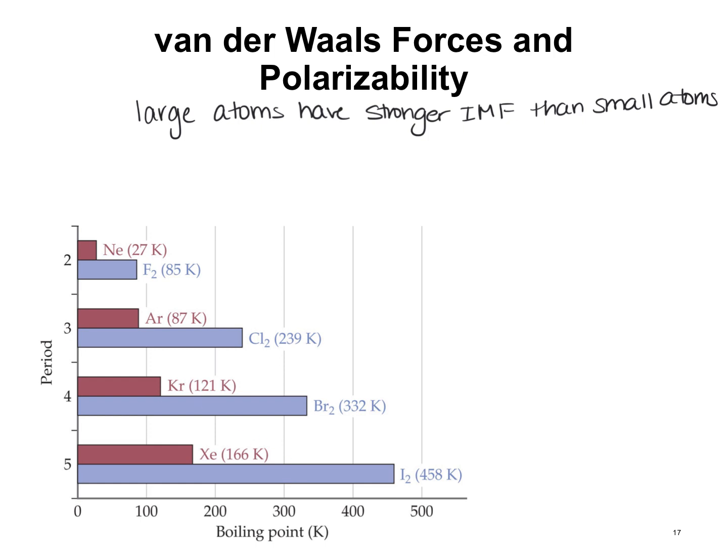These are organized by period, so 2, 3, 4, and 5. And you can see neon, argon, krypton, and xenon shown here, as well as our halogens, fluorine, chlorine, bromine, and iodine. All of these just have van der Waals forces, and we see as the size and molecular weight increases, the boiling point increases, indicating that there's more attraction between those molecules holding them in the liquid phase. So one of the reasons for this is because of polarizability.